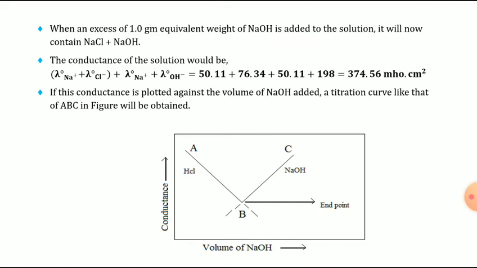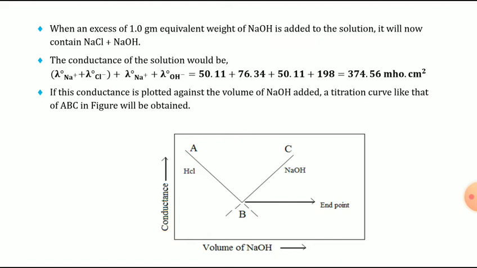At point B we get the end point of the titration. But when we add excess NaOH solution from the burette, what will happen? Na plus and OH minus ions increase, and the solution contains NaCl, that is salt. When we add excess NaOH, the conductance again goes on increasing up to C. Why?